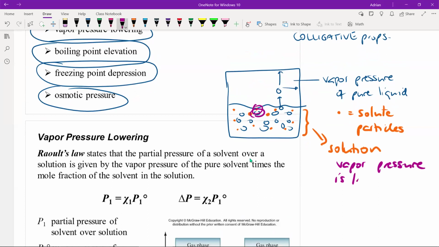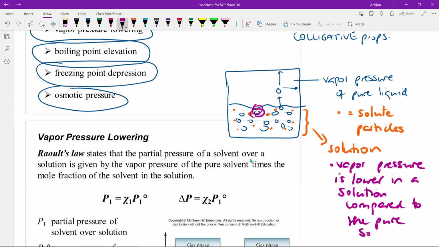Vapor pressure is lower in a solution compared to the pure solvent. And it just has to do with how many of those solute particles are there.